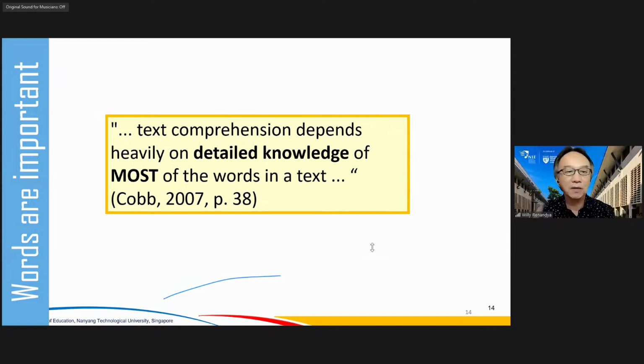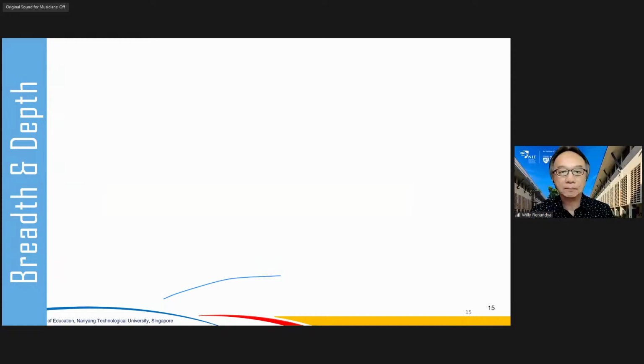If they don't know, they're in trouble. Their comprehension will not be wonderful, so chances are they will not be able to handle the text. Their comprehension will not be at the expected level that we want them to have. Again, this is based on research.